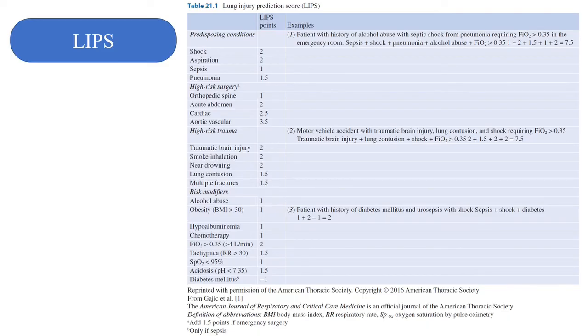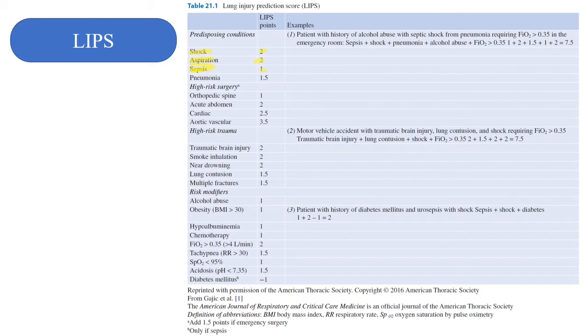From these causes and risk factors, some lung injury prediction scores have been developed. One of them, shown here, includes the high risk factors and gives points to every risk factor present. Shock and aspiration each get 2 points. Presence of sepsis, 1 point.